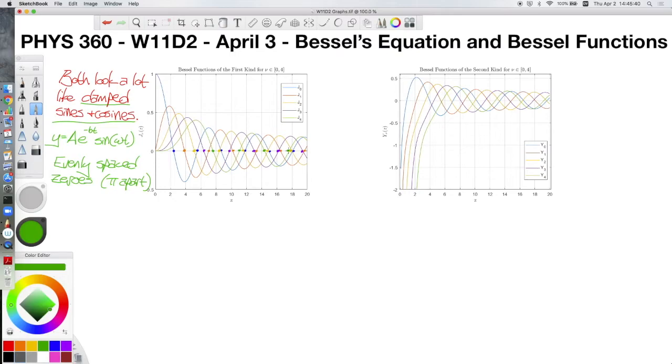Well, it might not be easy to see that these zeros aren't evenly spaced just by this graph right here, but I want to draw your attention to some of these zeros specifically. So for j sub 1 in orange here, we actually have a zero when x equals 0. So that means there's this much space between the first two zeros. And then when we get further along, we have less space between the zeros.